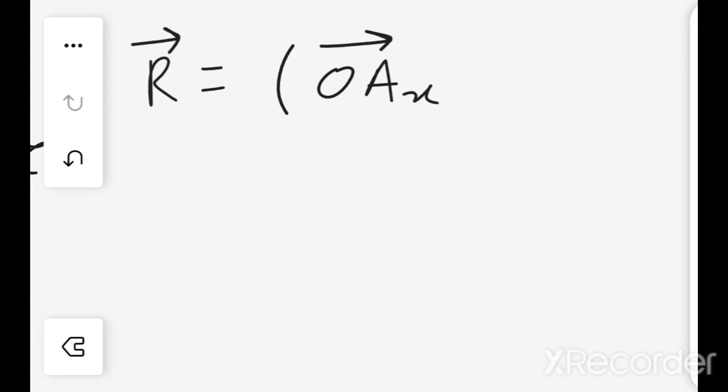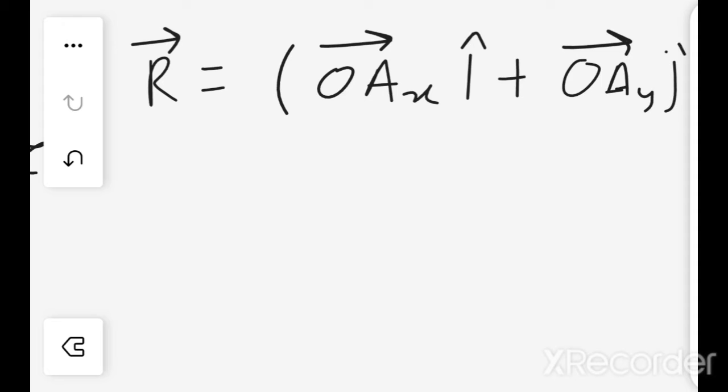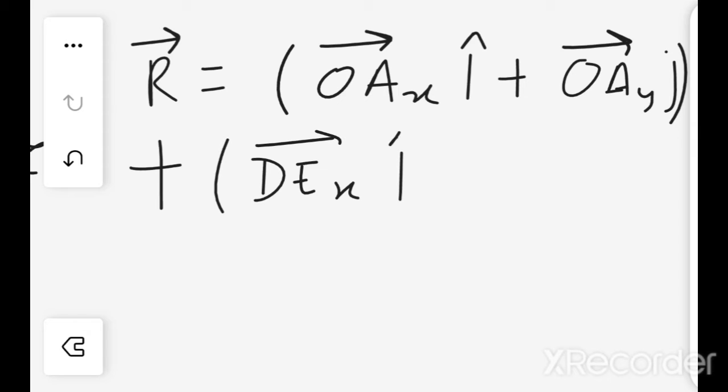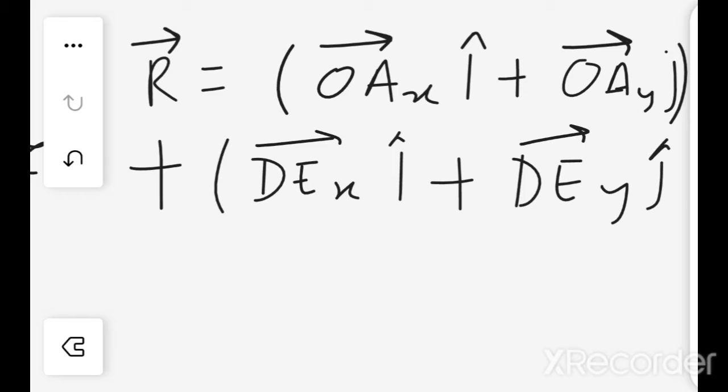The x component of OA in the i direction, plus the y component of OA in the j direction, plus the x component of DE in the i direction, plus the y component of DE in the j direction. j means the y direction and i means the x direction.